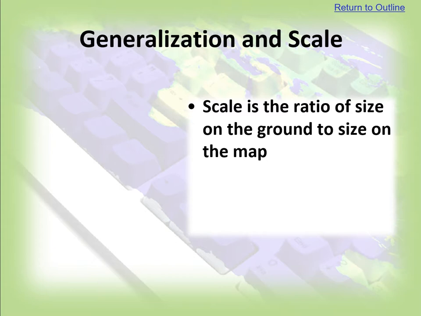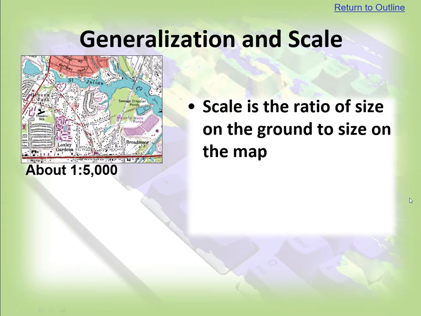There are different ways to represent it. One of them is a unitless ratio, so I can use any kind of measurement unit that I want and apply it. Here's a 1 to 5,000 map approximately.